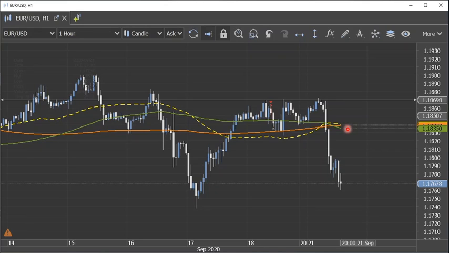So here in today's session, the Euro USD can be taken into consideration for any short sale trade anywhere in the price band of 1.182 to 1.183.